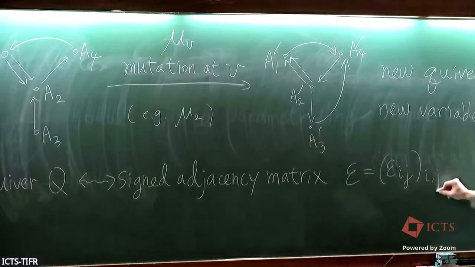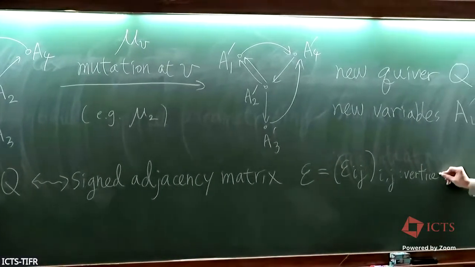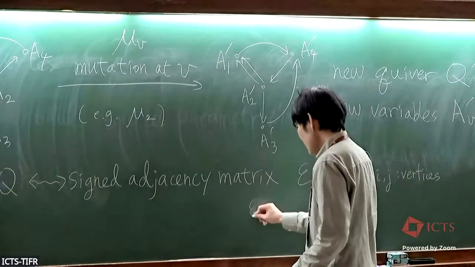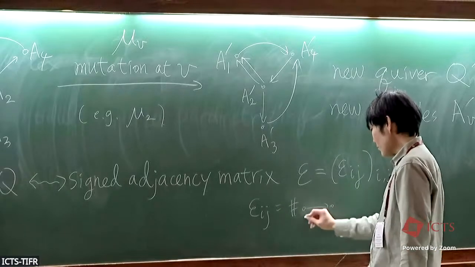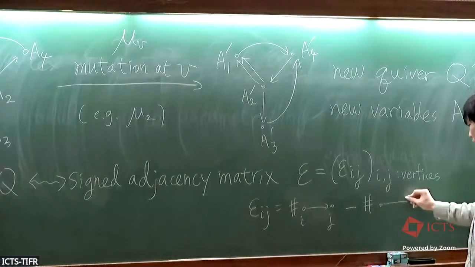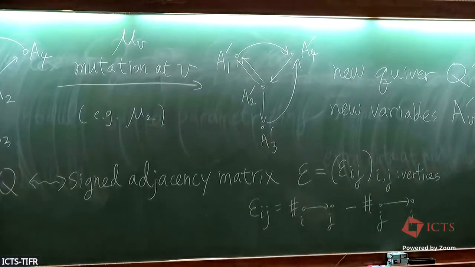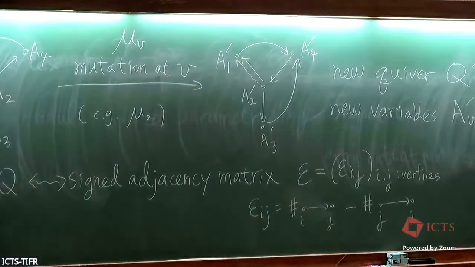So for each pair of vertices, you just count the number of arrows with sign. So epsilon ij is the number of arrows from i to j minus the number of arrows from j to i. For example, from this picture, epsilon 1, 2.